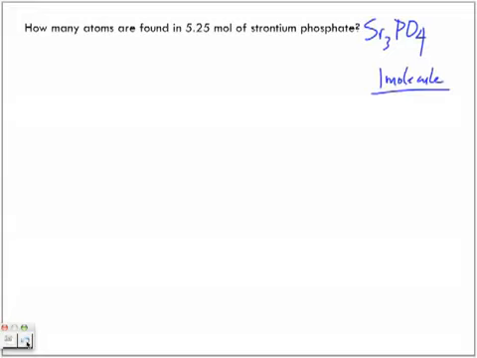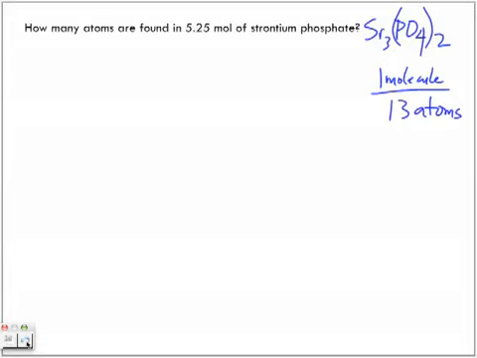We have how many atoms? So in one molecule now, this is going to change the next part. In one molecule, how many atoms are there? 13. So we know 13 atoms.